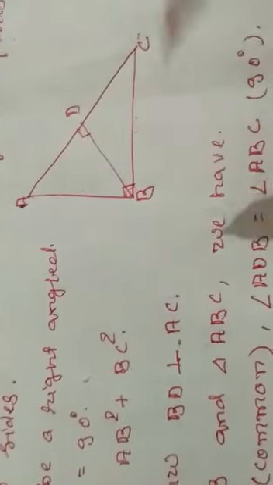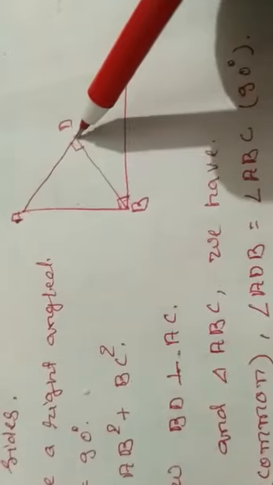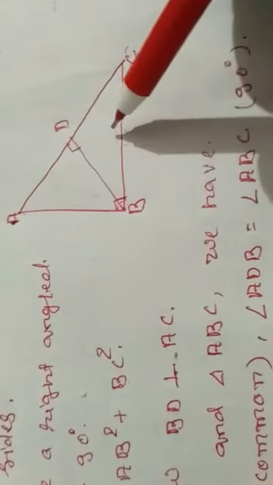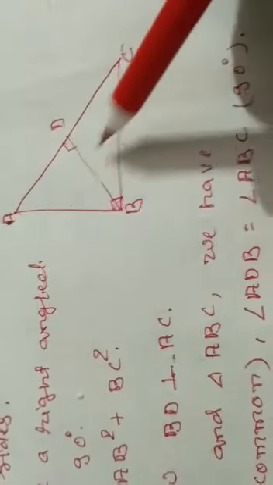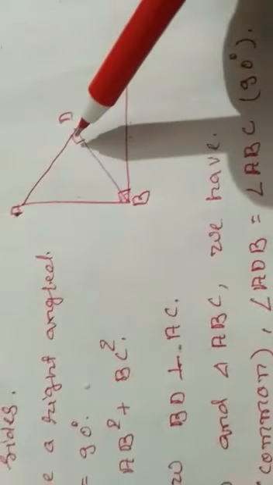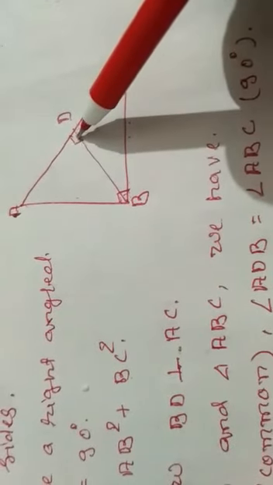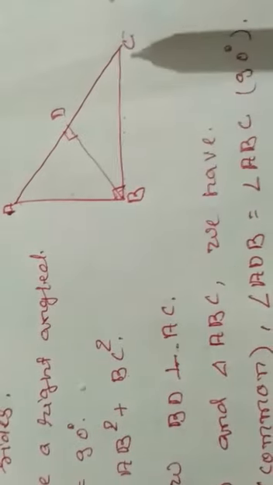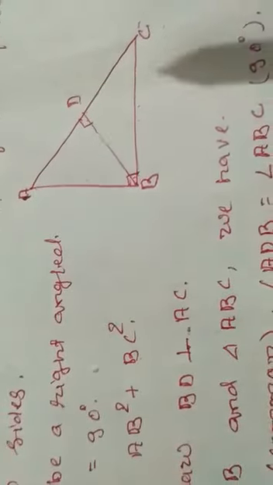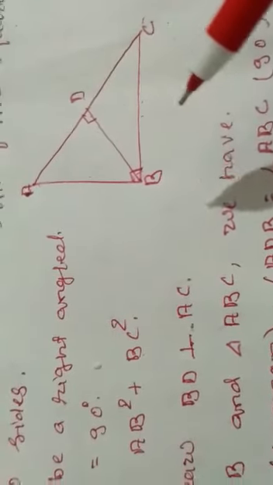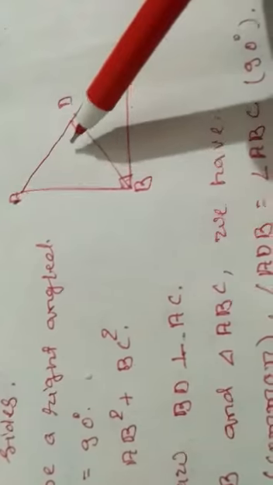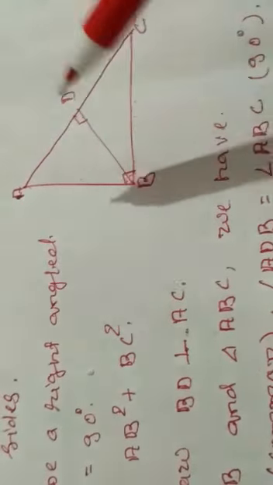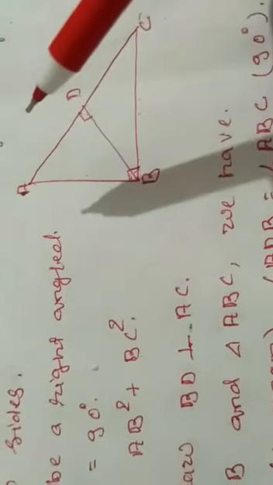As you can see, this perpendicular BD divides the triangle ABC into two right triangles because angle D is also 90 degrees. So there are two smaller triangles and ABC is a larger triangle. So we have to make one smaller triangle similar to the larger triangle.